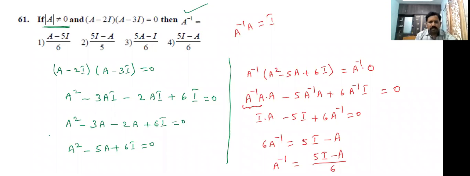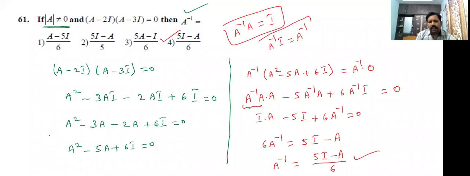This is the answer. Students, which option is correct? Fourth option is correct. Remember it here: A inverse into A is equal to I, and A inverse into I is equal to A inverse only.